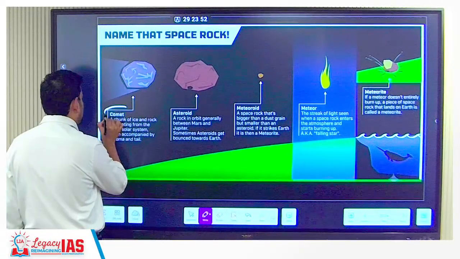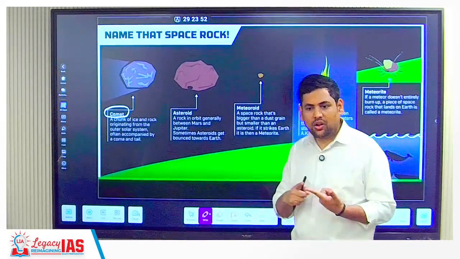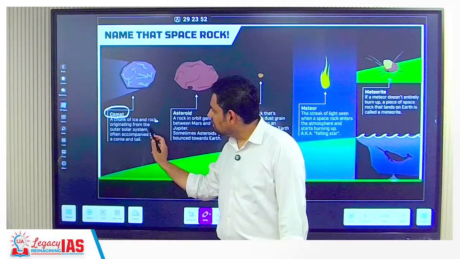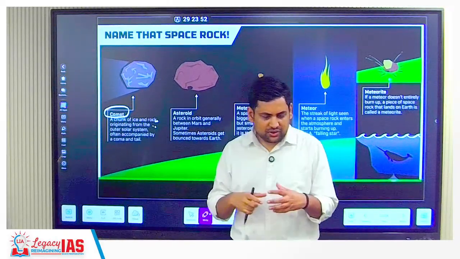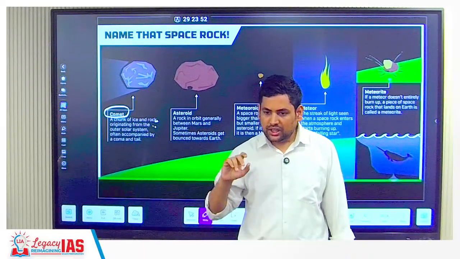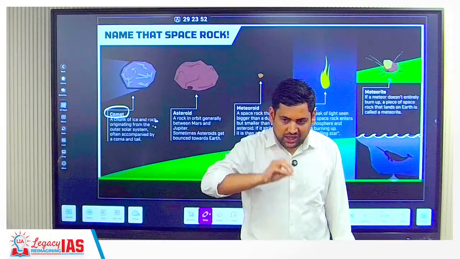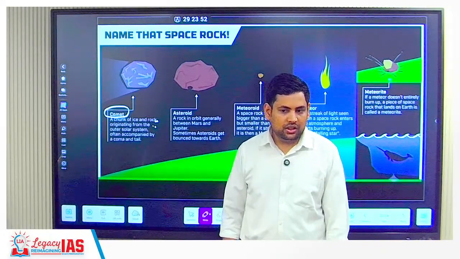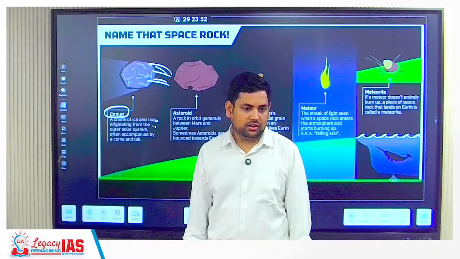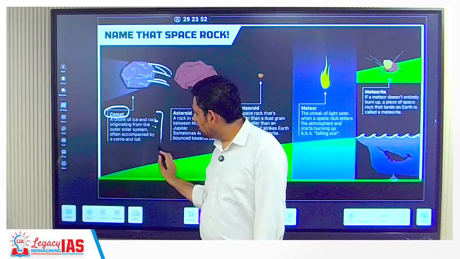What is a comet? A comet is basically a mixture of rock and ice, a chunk of ice and rock. When it goes closer to the sun or any star, a lot of heat is produced. So suddenly this ice gets converted into water vapor, and that is why you see a tail-like structure behind the comet. Understood? Because water is getting evaporated constantly. So this is what you see as a comet.